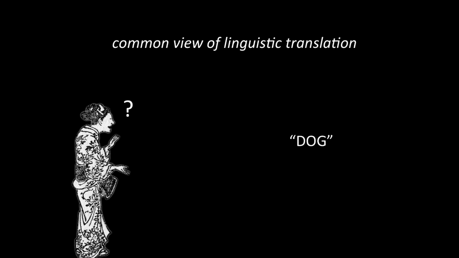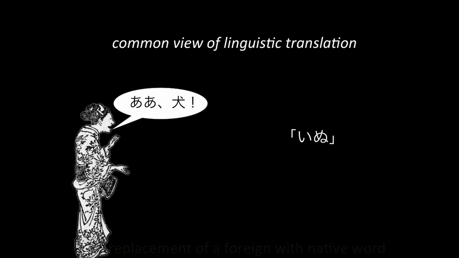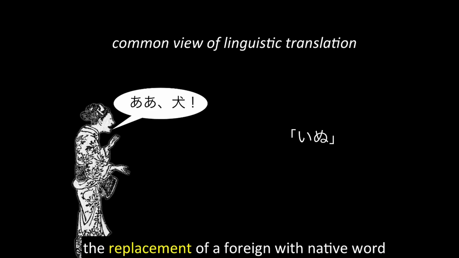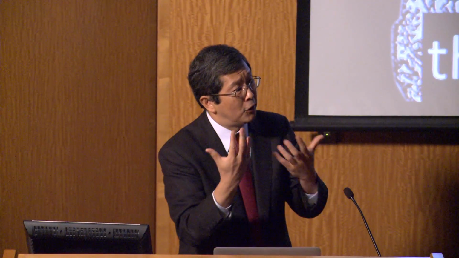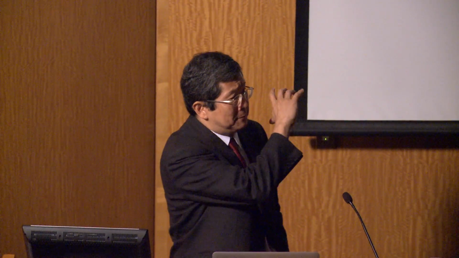Basically, a Japanese woman looks at this word dog, doesn't know it, but then someone says, okay, dog means inu, right? So the idea of translation is you replace a foreign word with one word that's familiar. And of course, all the difficulties and slippages that often involves. But what I want to suggest is that what these pictures relate to is another possibility.